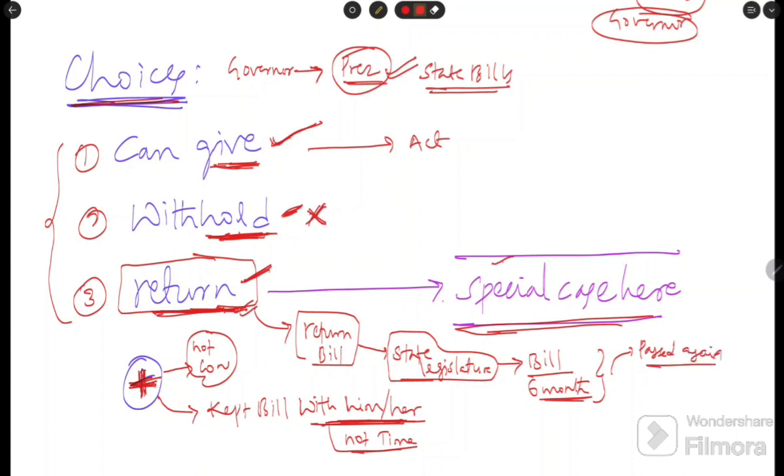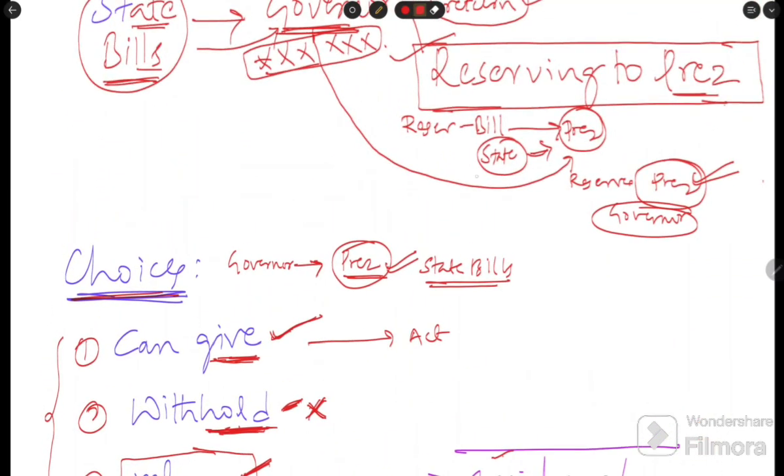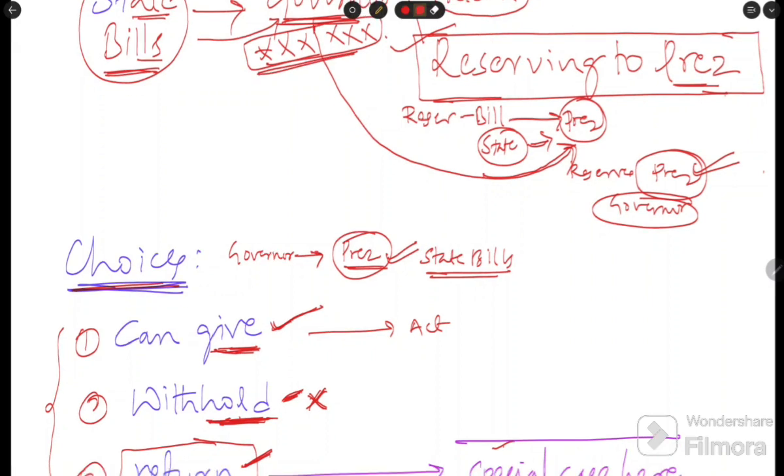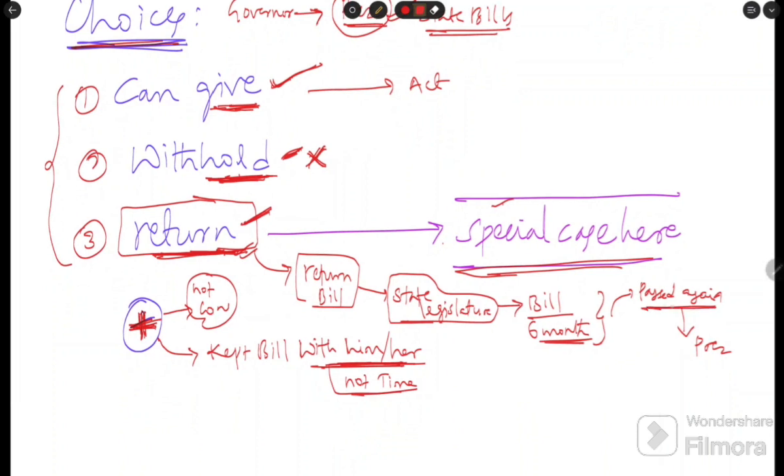If the bill is passed again in the house, that bill goes to the president, not to the governor. I already said, when the governor reserves the bill to the president, the governor's role is ended. Now assume the bill is passed again in the house.